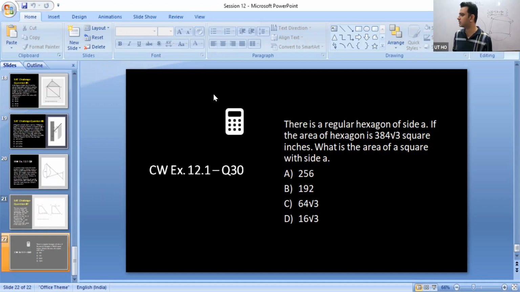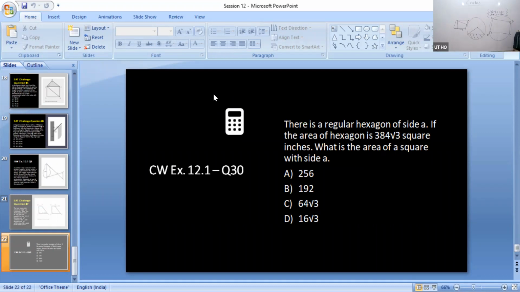Area of rectangle is length into width, a into b. Perimeter, I think you know, is 2 times a plus b, and the diagonal is root of a square plus b square. Next, the square we know, a square. Then the area of a parallelogram is base into height. If you take this base, this will be your height. Remember, there is no half in this.